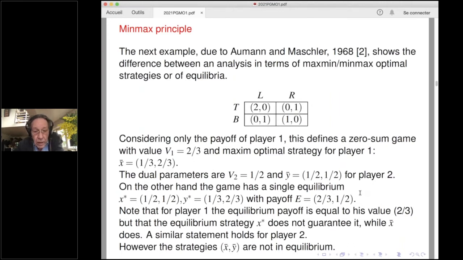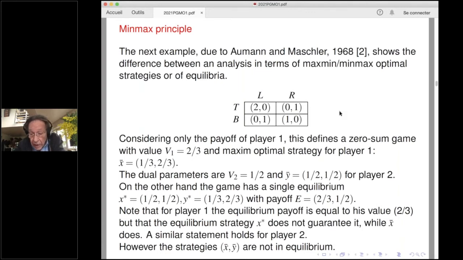So you see that the equilibrium payoff is equal to the value for each player. So for player one, the equilibrium payoff is its value, 2/3, but the equilibrium strategy does not guarantee the value. And the max-min strategy guarantees the value, but if you look at the min-max strategies of both players, it's not an equilibrium.